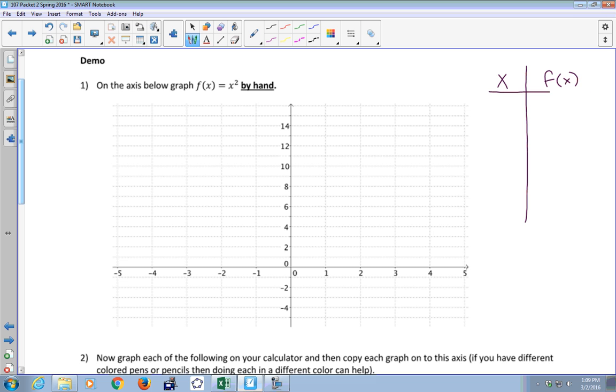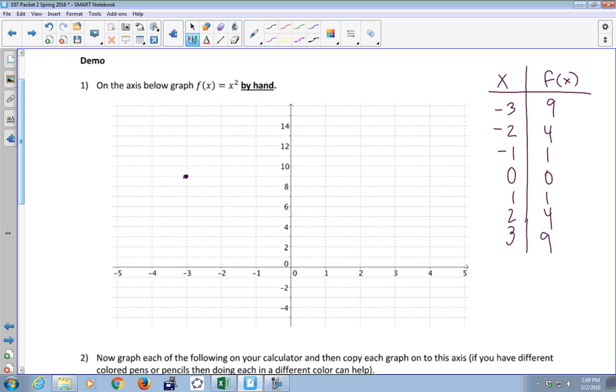We used to call this an xy chart, but now we're using f of x because we're advanced algebra students. Okay, so just pick a bunch of x's, and you get the y values by plugging into your formula, so you square them, so you get 9, 4, 1, 0, 1, 4, 9, and we plot this.